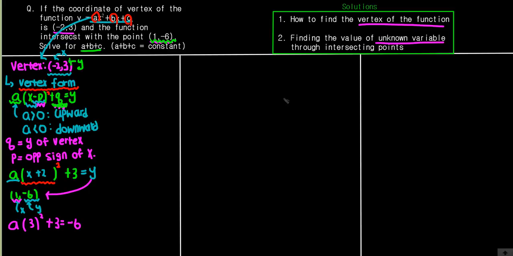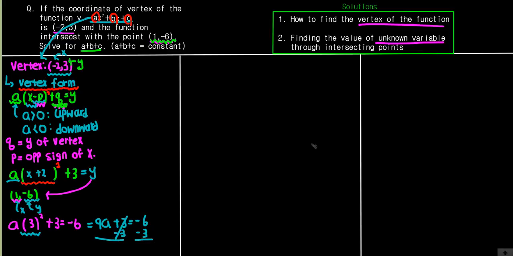And from here, we know that positive 3 squared is going to be 9, so 9a. Then we have plus 3 is equal to negative 6. And we can subtract 3 from both sides to isolate these terms. And then 3 minus 3 is going to cancel out.